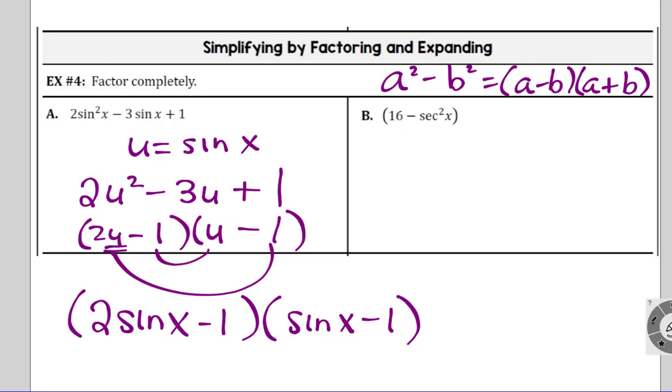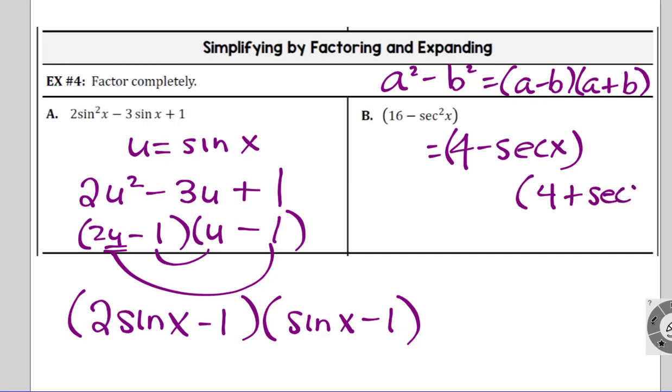And so here I can factor this as 4 minus secant x times 4 plus secant x. All right, that's how we can factor that. Any questions about this?